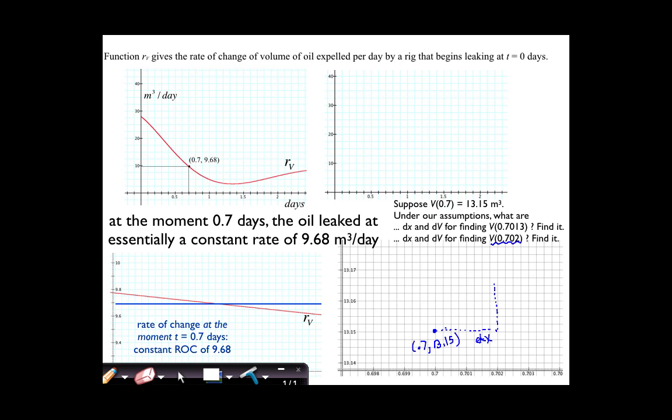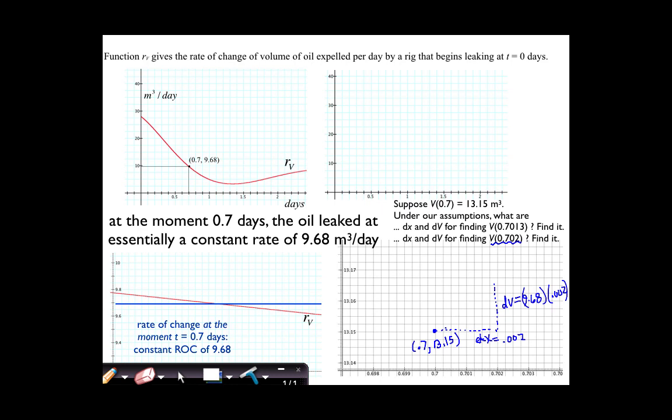So what's an expression for dV? The amount of oil that leaks during this small interval, or the additional amount of oil that's leaking during the 0.002 days. Right, 9.68 times 0.002. I'm just going to write 0.002 since I'm onto the edge of the paper here.